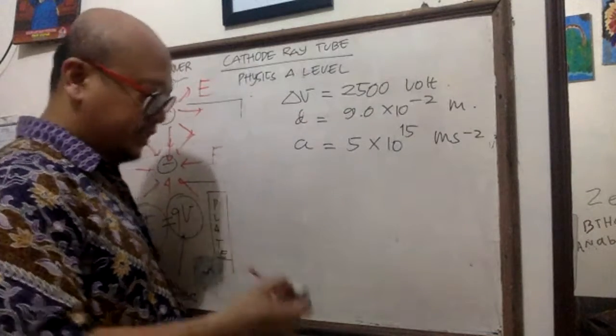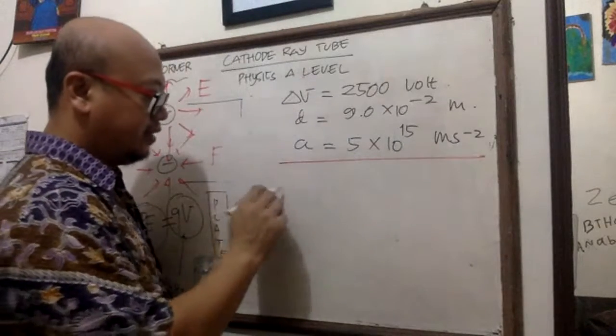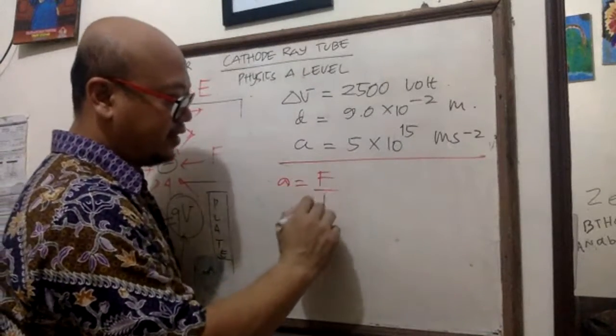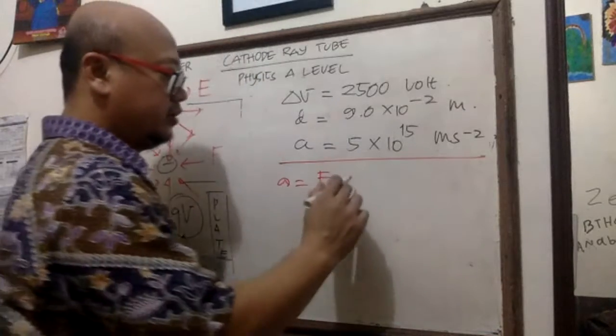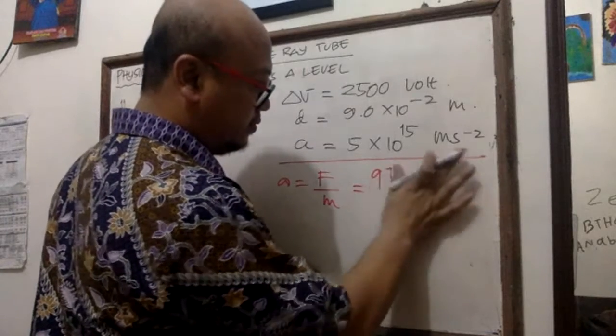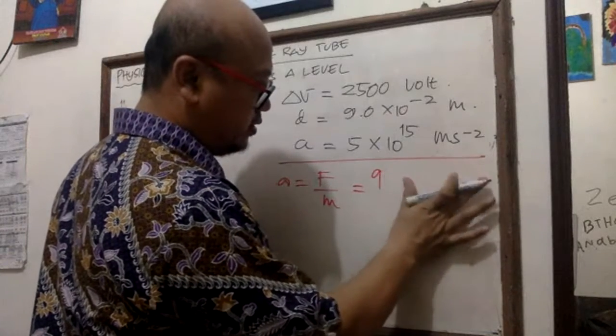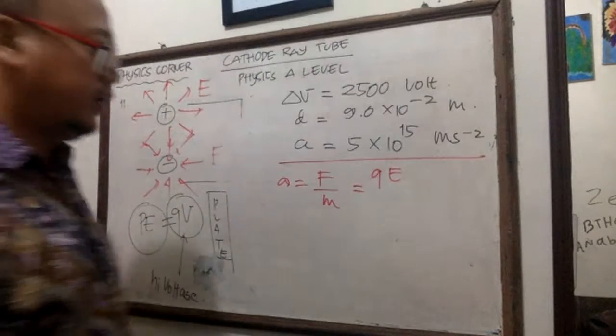From Newton's second law, we know a is the force divided by m, right? So F is Q times E, and m.